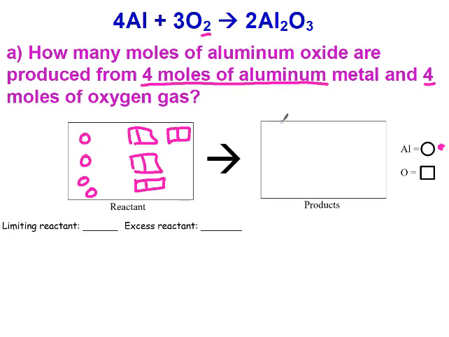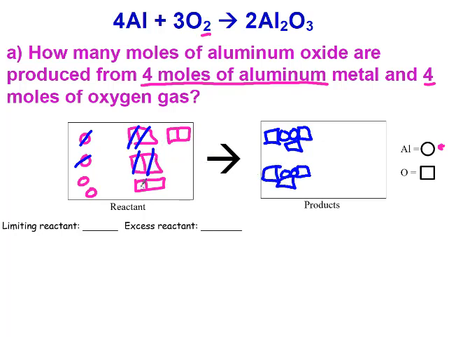So in this case, you should have had 2 aluminum and you should have 3 oxygens. So 1, 2, 3. It doesn't really matter, again, how you're putting those together as long as you have 3 squares and 2 circles touching each other. So that was 2 circles and 3 squares. Then you should have drawn another one.